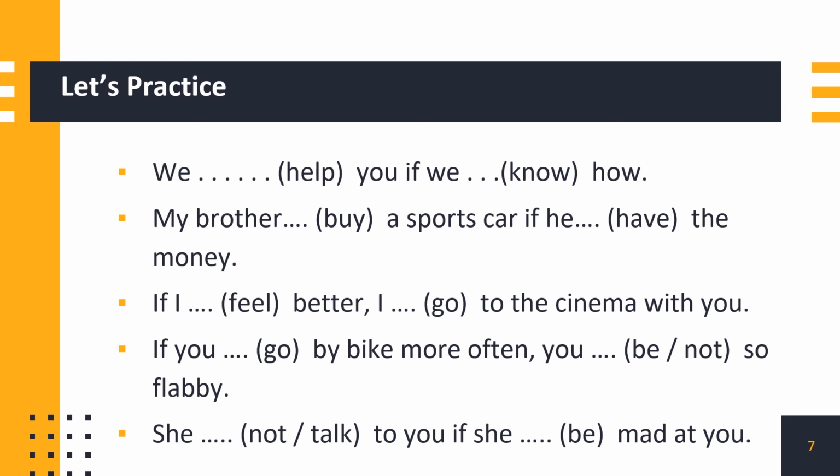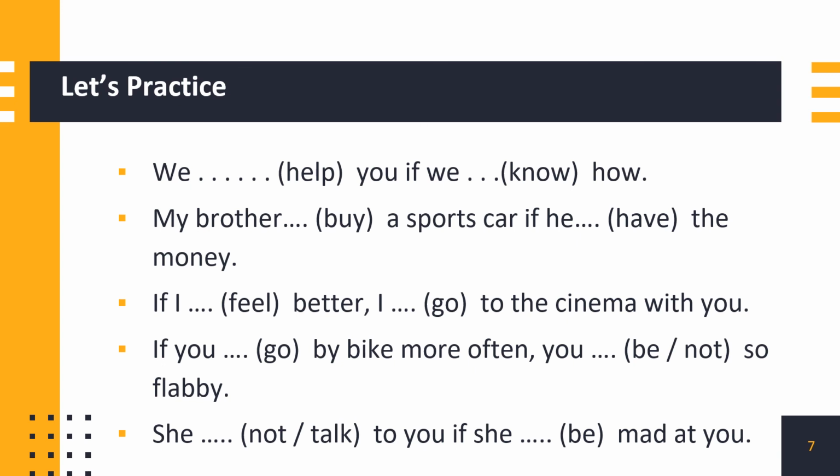If you went by bike more often, you would not be so flabby. I repeat, you would not be so flabby because it is a negative sentence. So, would not be.